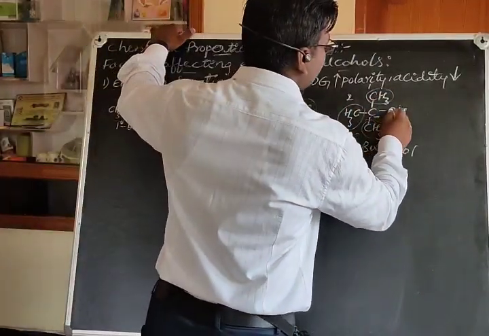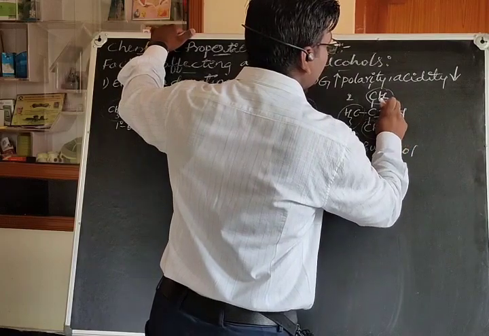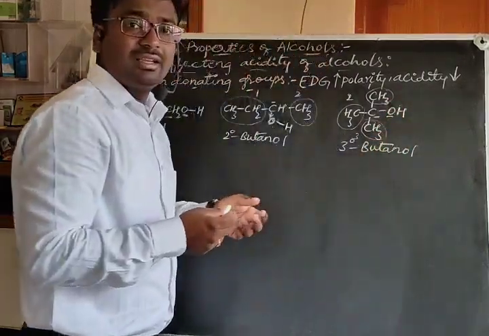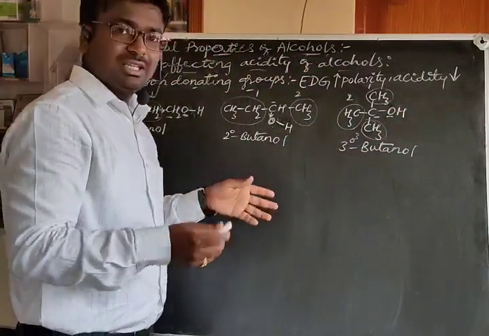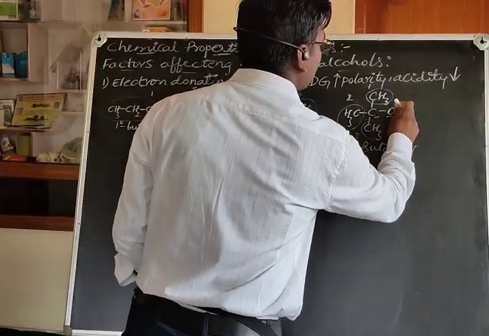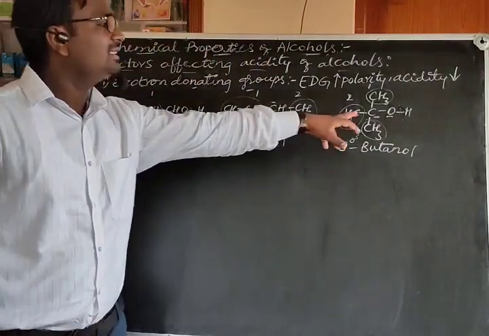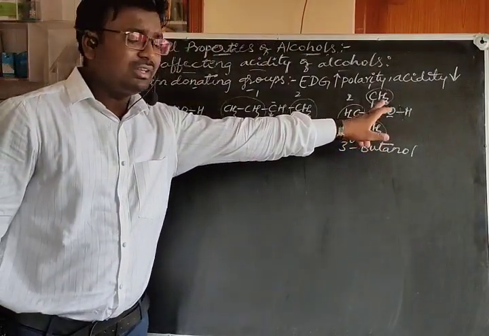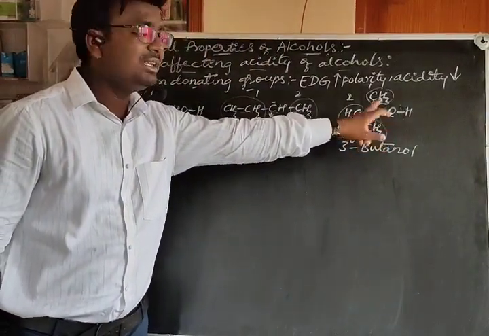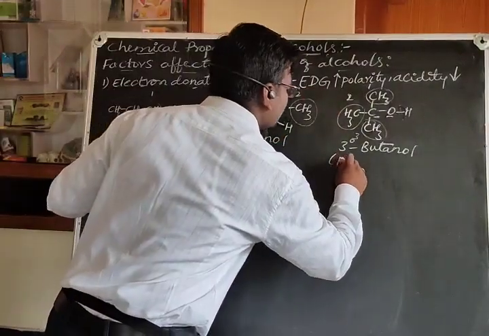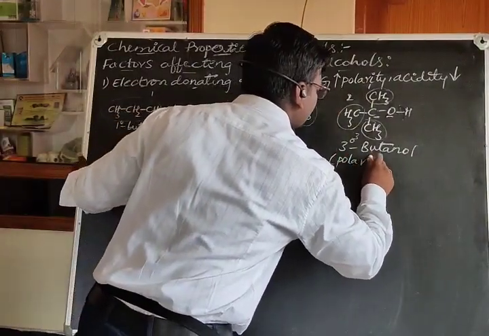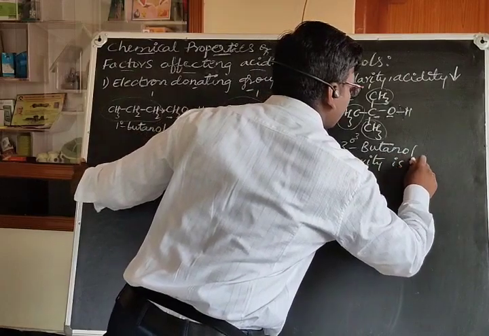The electron density on this oxygen is very high, and it has no chance to pull electrons from this OH bond. In this case electron density is very high, so polarity is very less.